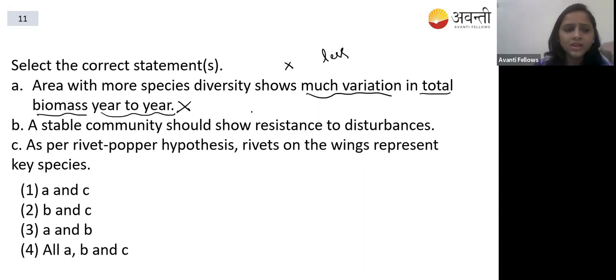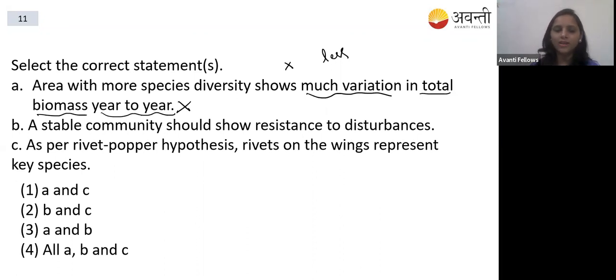Coming to option B, the stable community should show resistance to disturbance. Yes, guys. Wherever there is more species in the biodiversity and a stable environment, the disturbance will be very less. We can see the tropical forest, right?